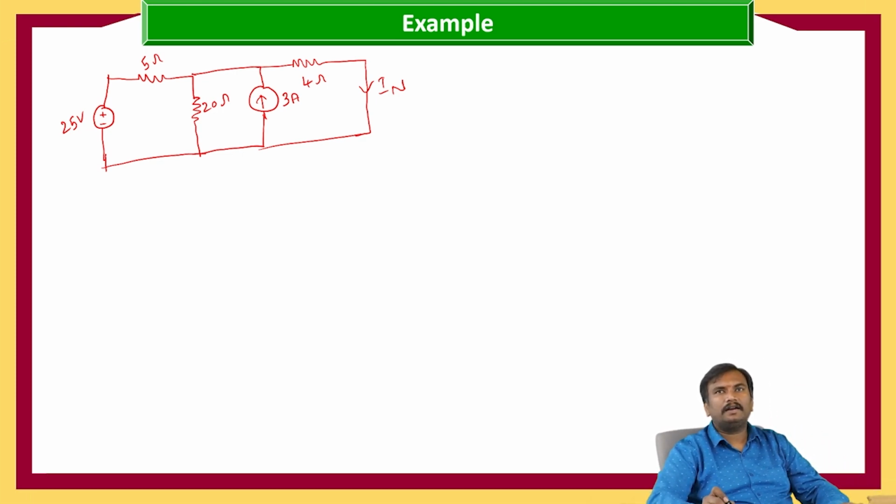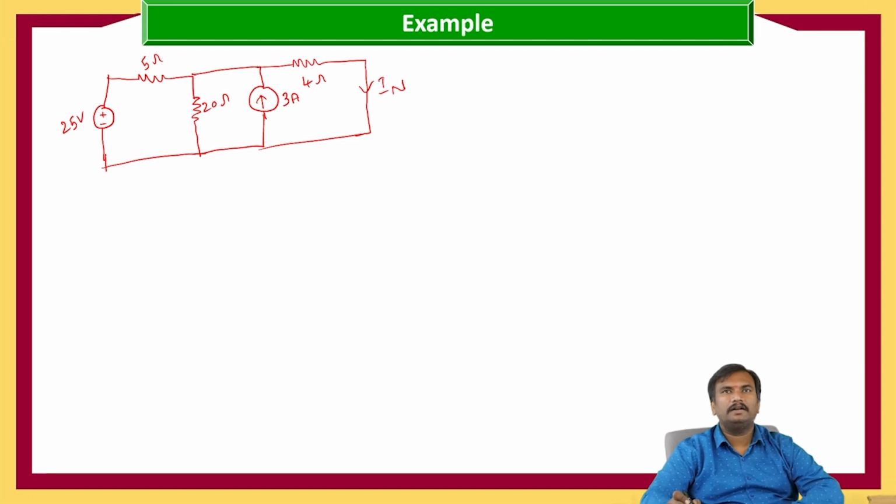In order to calculate the Norton's current, we have to go with either mesh analysis or nodal analysis. If we go with mesh, we have to write 3 loop mesh equations. If you go with the nodal method, a single nodal equation is enough to calculate the Norton's current.